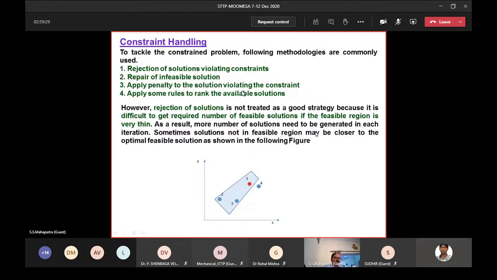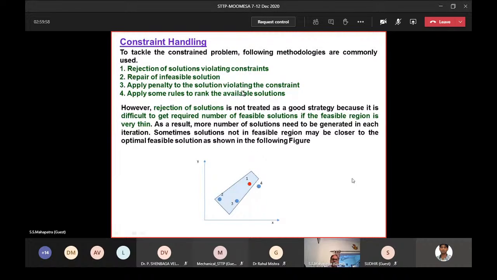Now in optimization problems, we come across a lot of constraints. These are to be handled. The constraints can be handled using 4 types of rules. One is the rejection of solutions violating the constraint. Suppose you have these solutions.